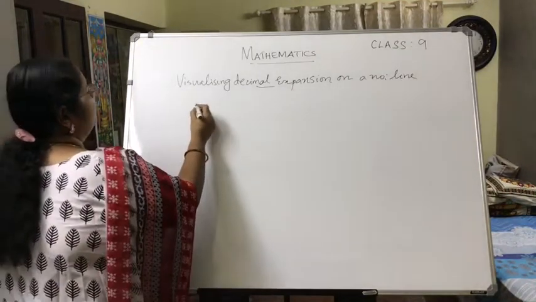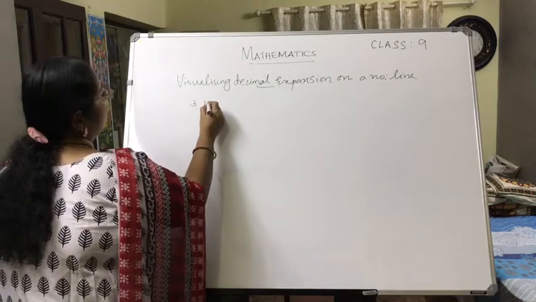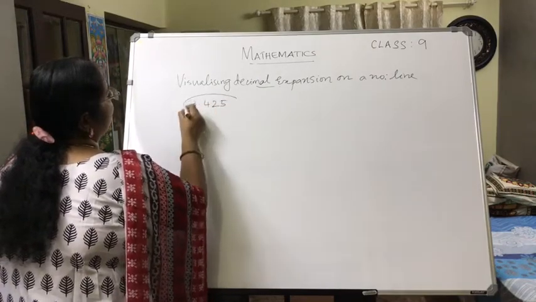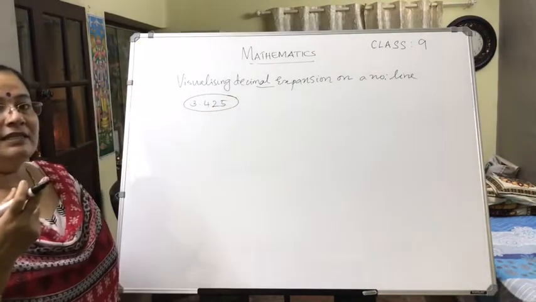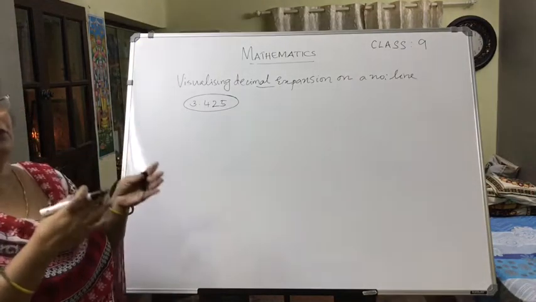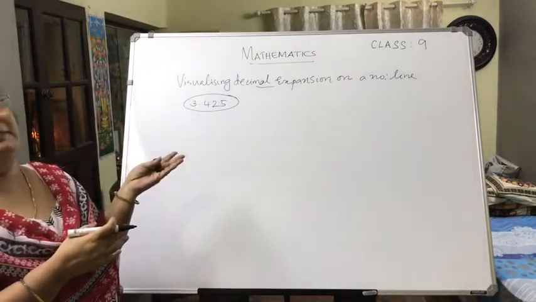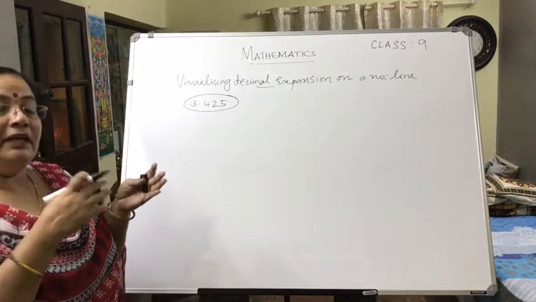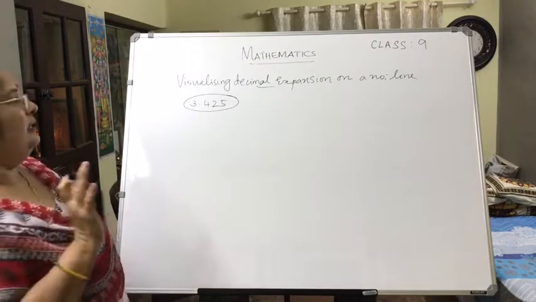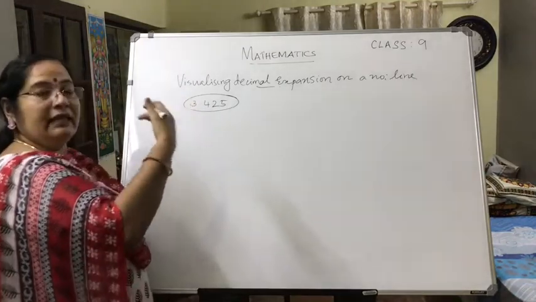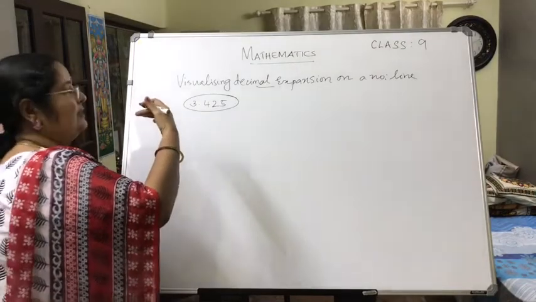For example, 3.425. You are going to visualize where this 3.425, which is a terminating decimal expansion, will be on a number line. Now the steps that we follow, just listen carefully.